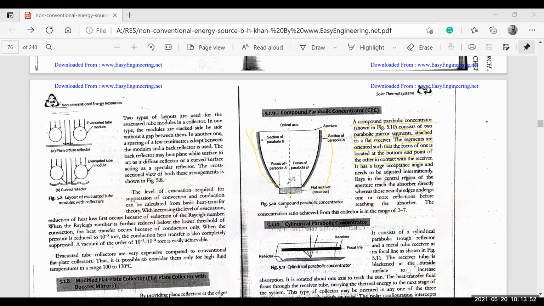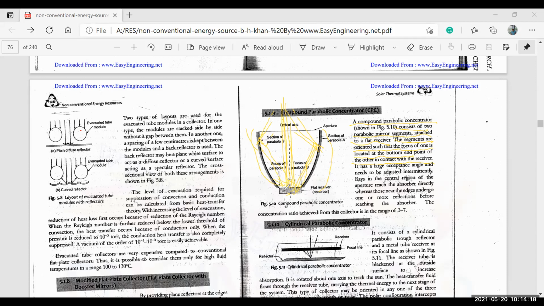Okay, so wherever the sun rays fall in this way, all sun rays would be falling in this manner. And if some of the sun rays are diffuse and fall in this manner, it will directly reflect them to this particular point.